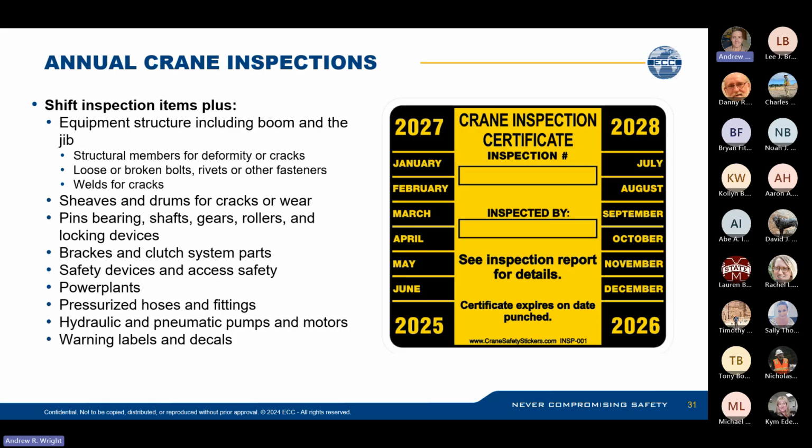The inspector will check pin bearings, shafts, gears, rollers, and other locking devices. They'll check the brakes and clutch systems, any safety devices and access safety. They're going to go over the power plant, usually a diesel motor, pressurized hoses and fittings, hydraulic and pneumatic pumps and motors, and they're going to make sure all the warning labels and decals are legible.